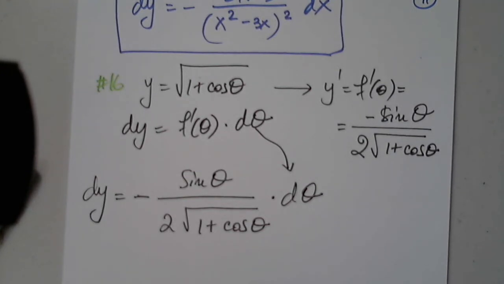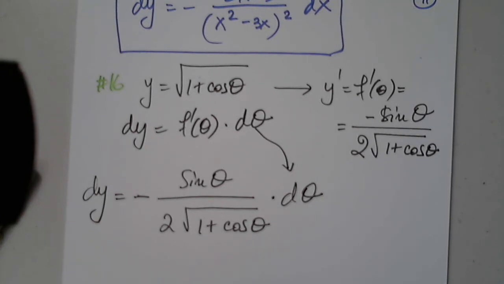Any questions on this? Are we okay with this type of problem, finding the differential? Okay, so I would like to look at the next set of problems, 19 through 22. Find the differential dy.